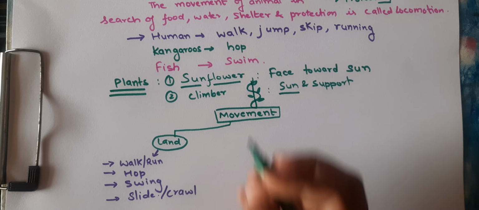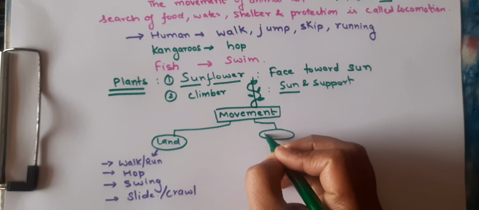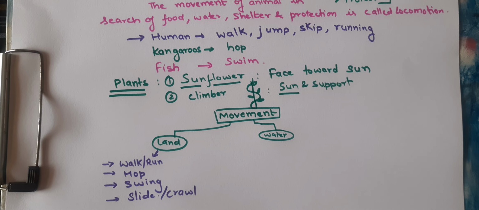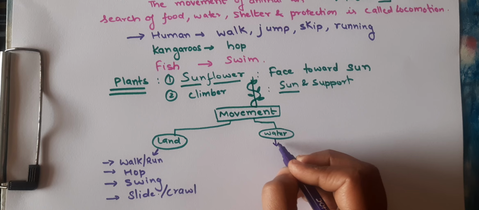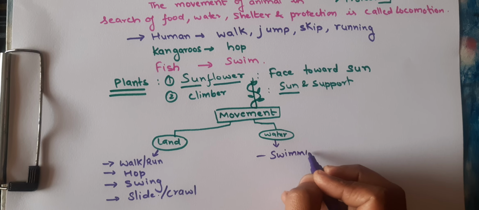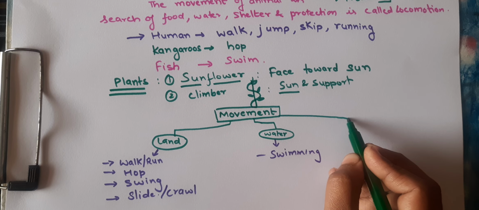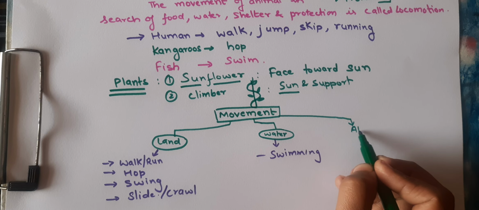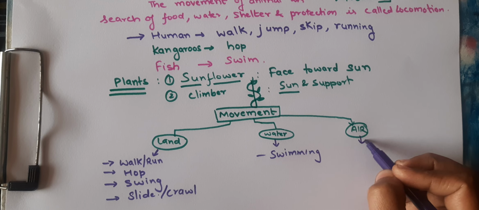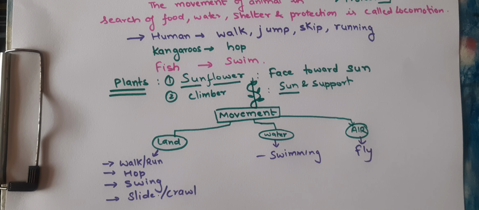So for the water, what kind of movement is observed by the living thing? It is swimming, okay? And the third type of movement shown by the living thing is in the air. So the birds will fly in the air. So this movement, I hope it is clear to you.